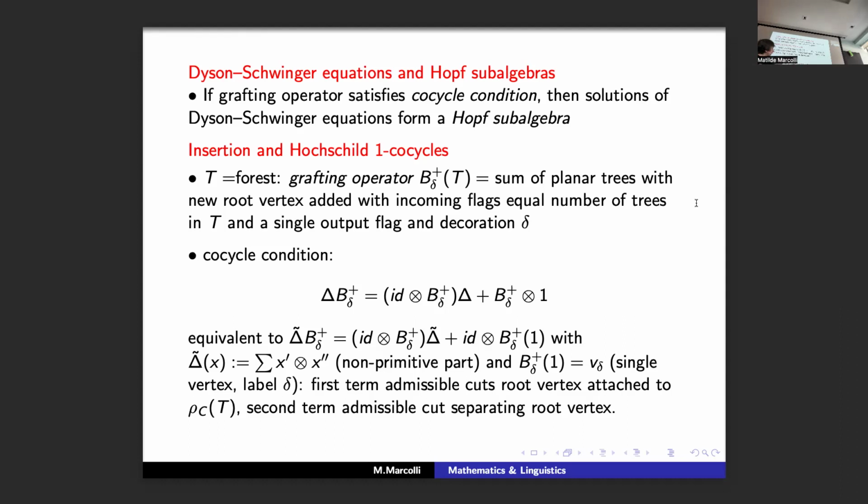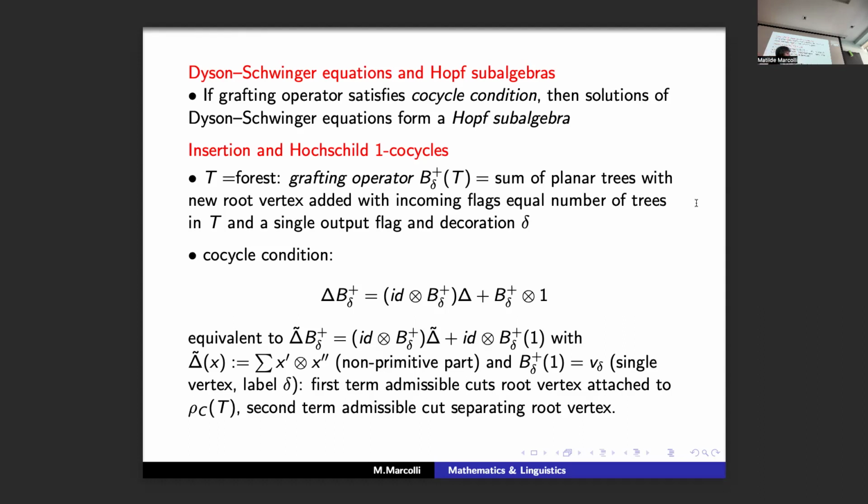In general, these are operations that take a forest and combine it all together into a single tree by adding a single vertex and attaching all the roots of the trees in the forest to this single vertex.